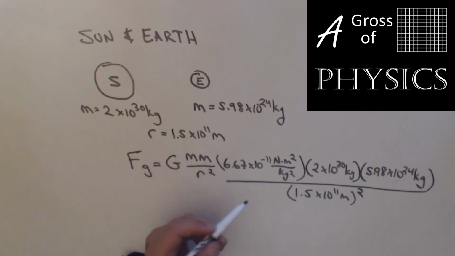Now, as you can see, the scariest part of using this equation is the fact that we often use objects that are really big, so the numbers just become unmanageable.